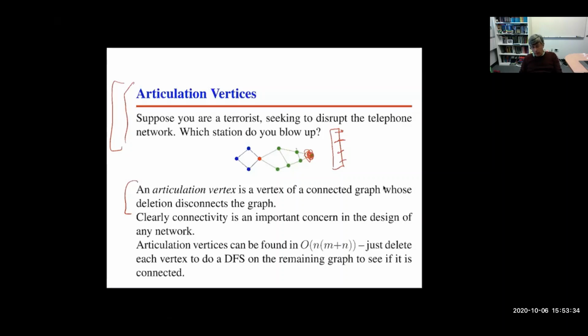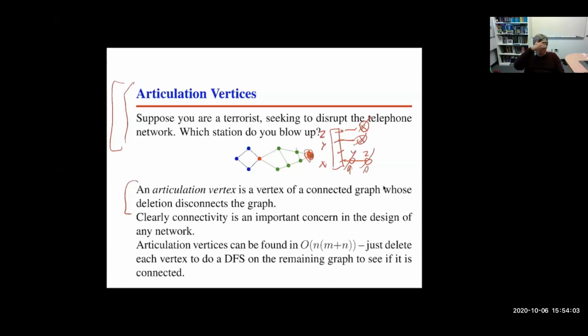So if I want to delete vertex X, I look at the adjacency list for X, and if there are vertices Y and Z, I go to the list for Z and delete the X from it, and I go to the list for Y and delete the X from it.